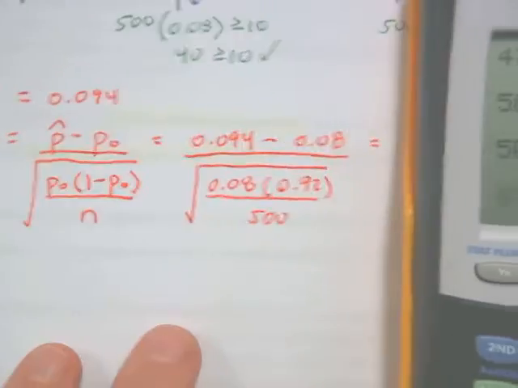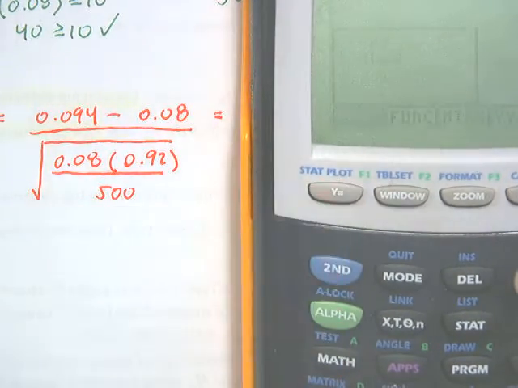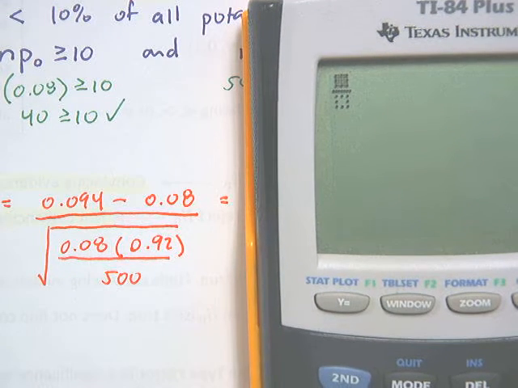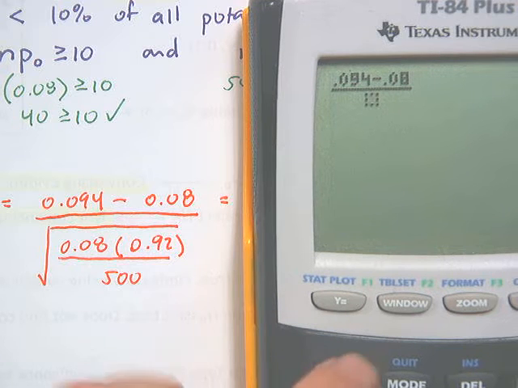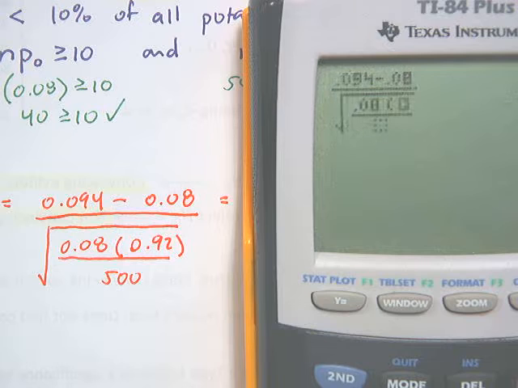Make sure you can confidently put this thing in the calculator. We have a fraction, and the bottom is a square root of another fraction. The more you do this, the faster you're going to be able to zoom right through it.